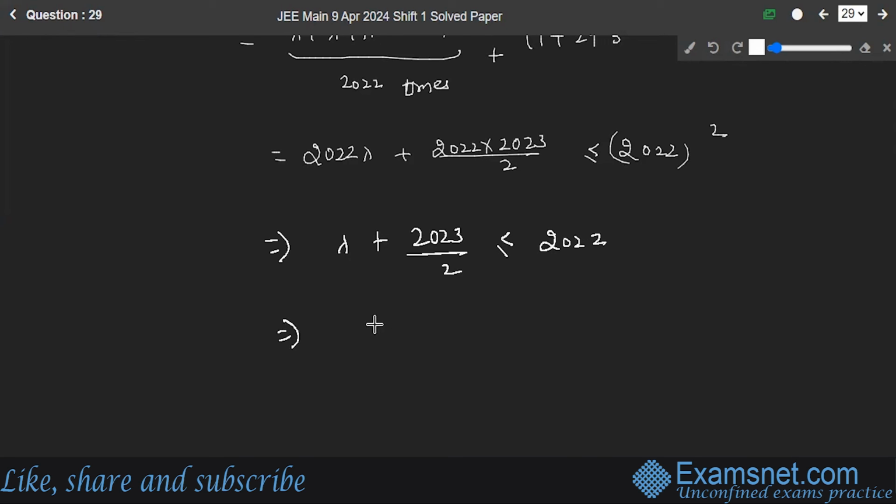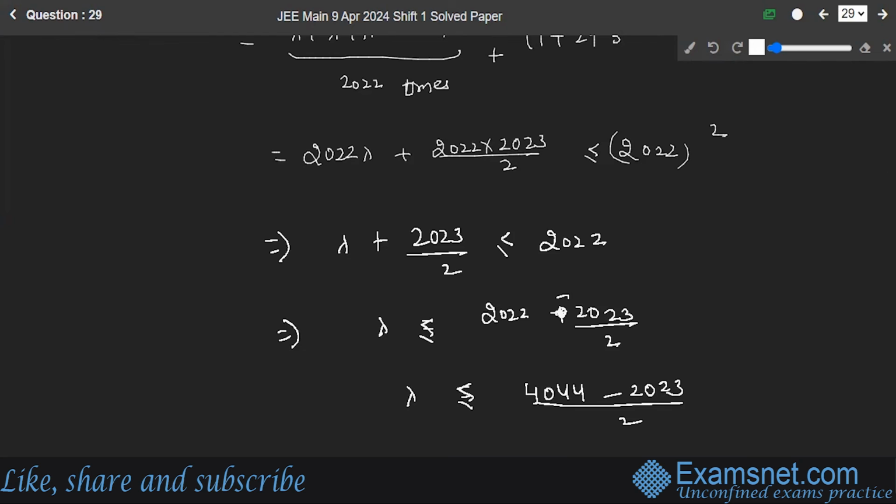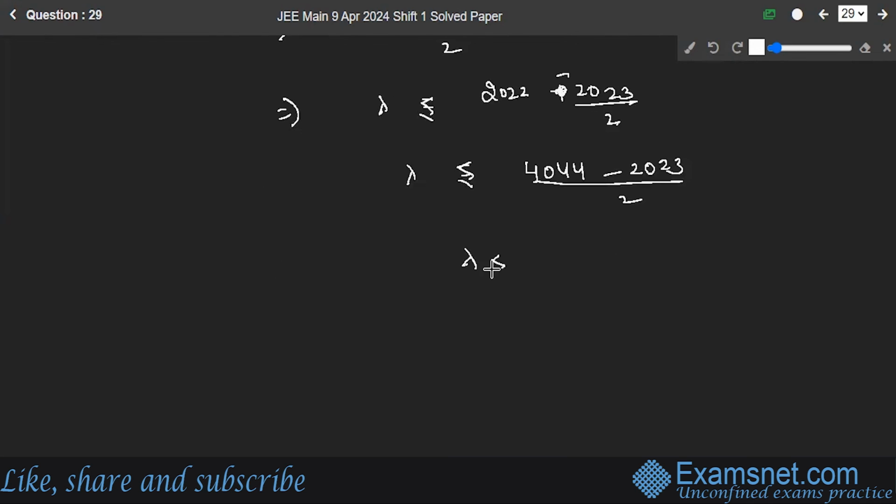Or you have lambda, this will give you 2022 minus 2023 upon 2, so lambda is less than or equal to 4044 minus 2023 upon 2, or you have lambda is less than or equal to 2021 upon 2.